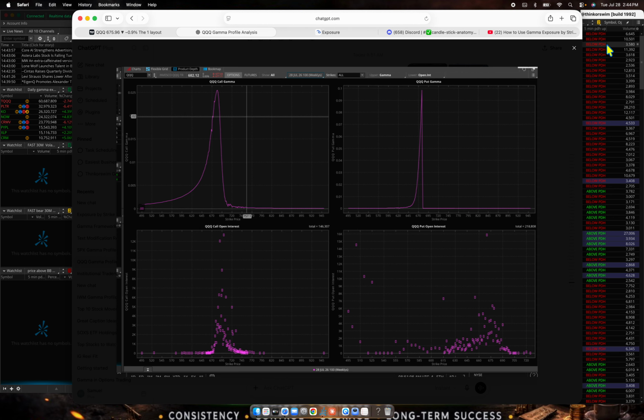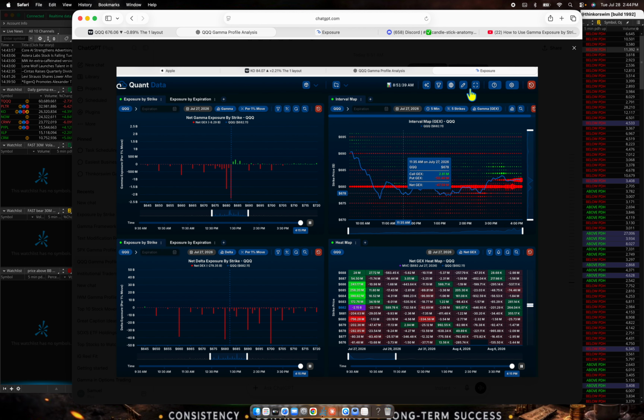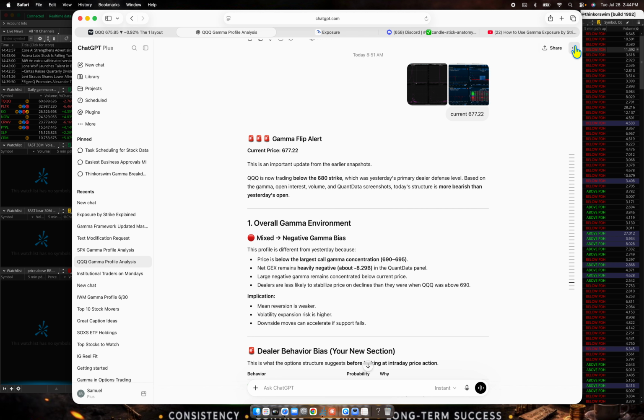I inputted that, and I also inputted all the information that I gathered this morning from Quant Data. Once I inputted that information at about 8:51 a.m., price was at 677.22.